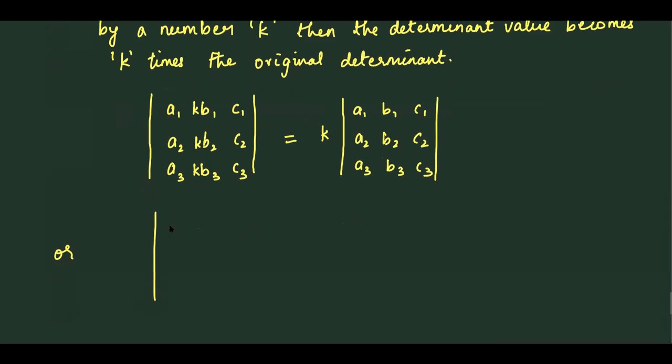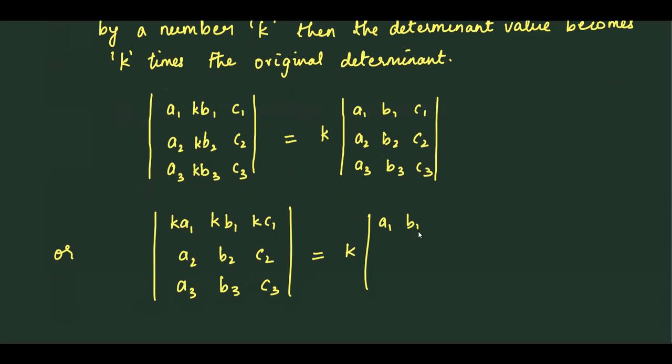Similarly, taking the first row, kA1, kB1, kC1, A2, B2, C2, A3, B3, C3 will be equal to k times the determinant of A1, B1, C1, A2, B2, C2, and A3, B3, C3.